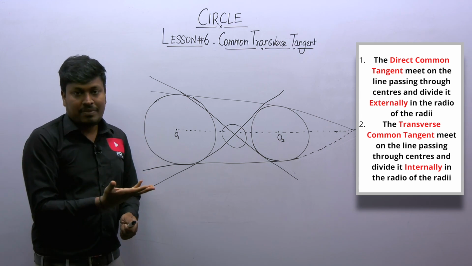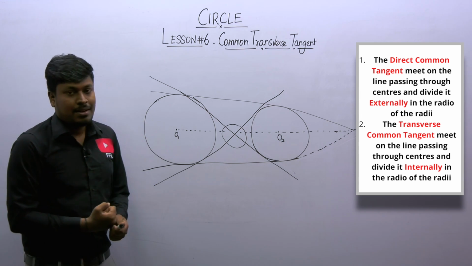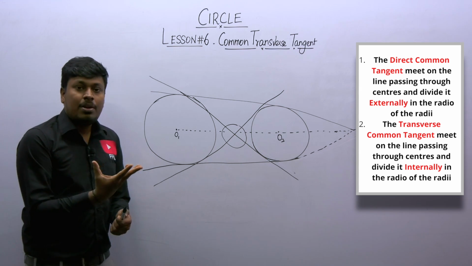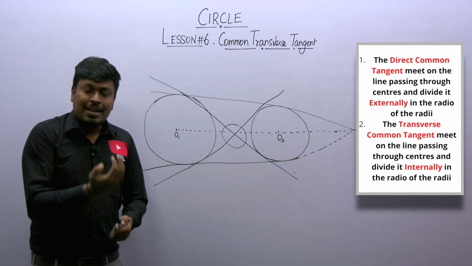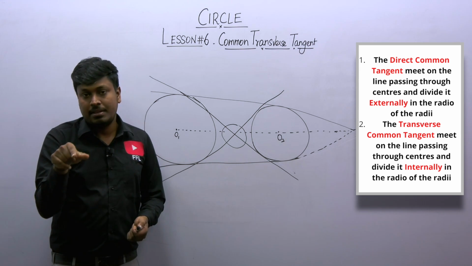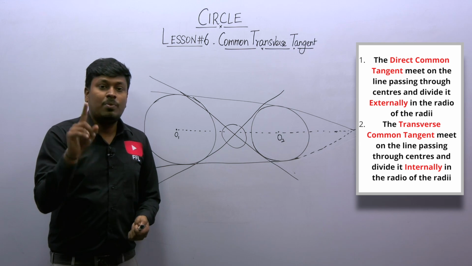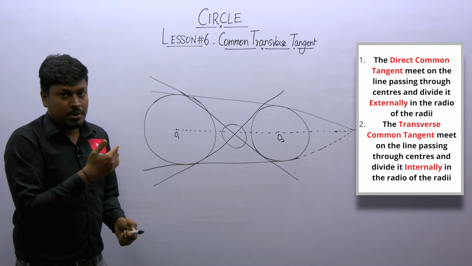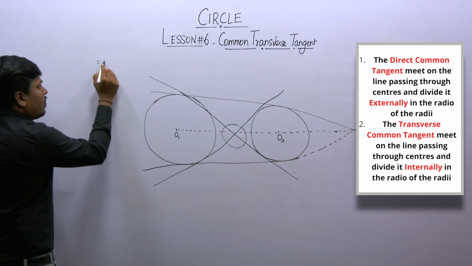So let me solve all the 5 questions. There you can understand what is called as common transverse tangent. And also, you know, there is a formula to solve these types of questions. And in the previous lesson also we learned the formula and also we learned the traditional method. I always say the traditional method only helps you to solve all the questions in the exams, right? But I will teach you the formula also. So the formula is the same formula, right?